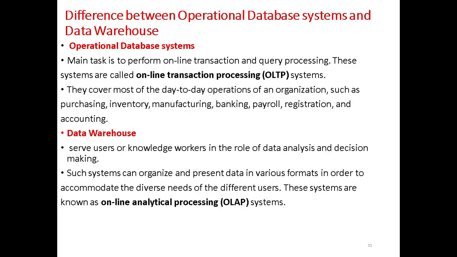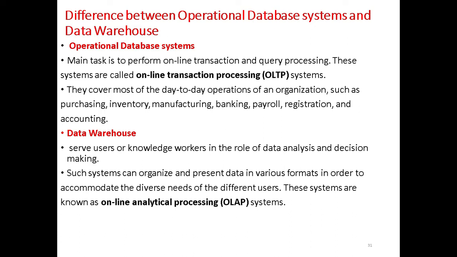Now the difference between an operational database system, that is the ordinary database system, and a data warehouse. In the operational database system, the main task is to perform online transaction and query processing. And this system is called an OLTP system, that is online transaction processing system. They cover most of the day-to-day operations of an organization such as purchasing, inventory, manufacturing, banking, payroll, registration and accounting.